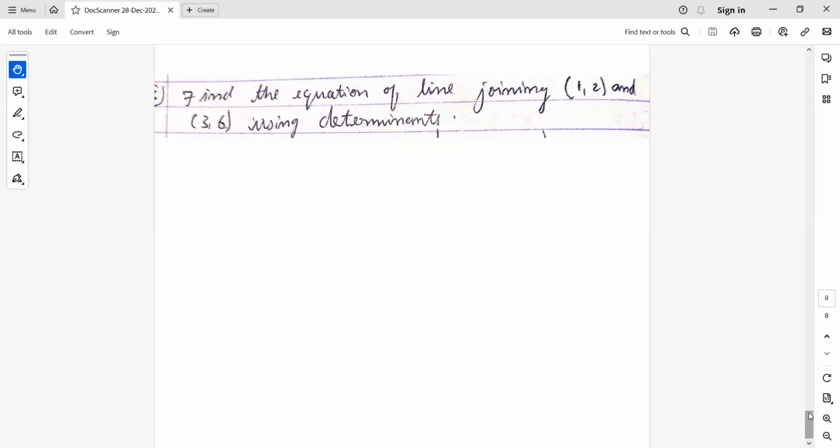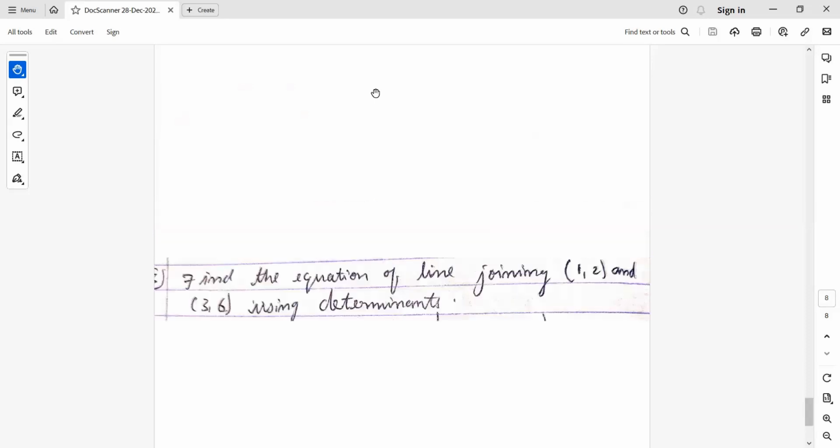So the last question here, in the chat box. Now y is equal to 2x. I already explained why we need to consider 0. Now the next one, pay attention. The last question in determinants, a 4-mark question.